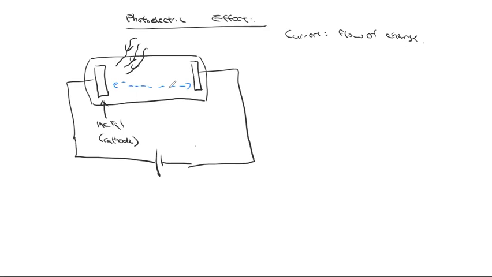We called this the photocurrent because it depended on the incoming radiation. So the photocurrent is the current due to incident radiation. All right.